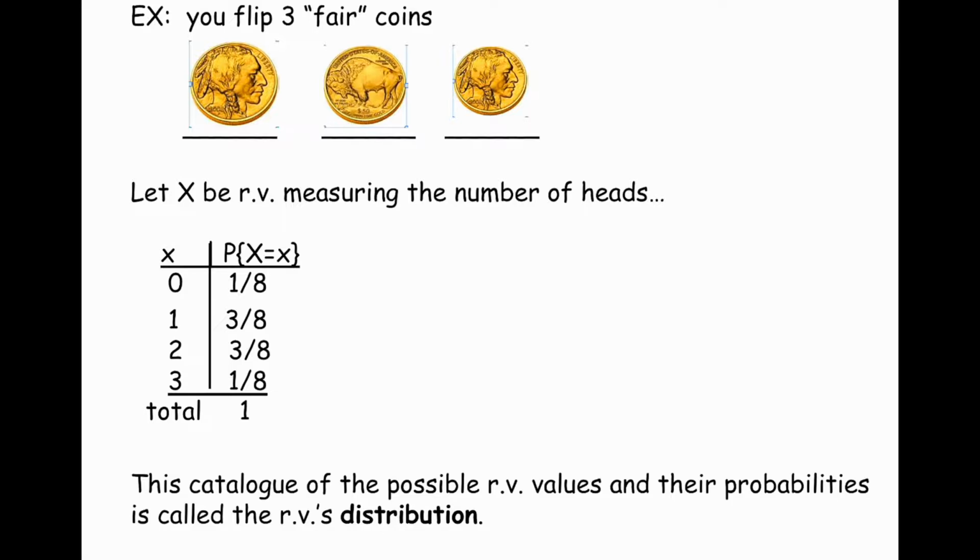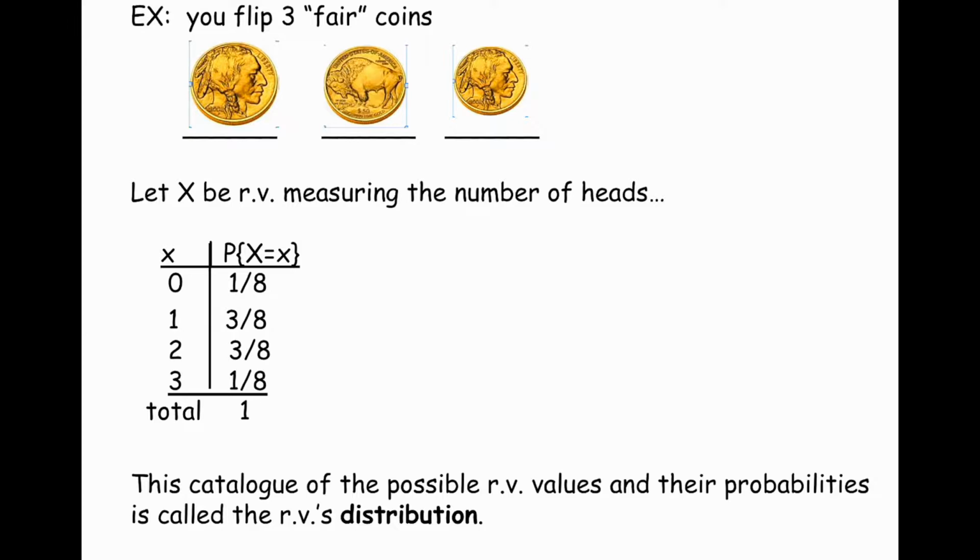So where we last left off, we talked about this idea of a random variable. And a random variable, we said, was some measurement over one of your observations. The motivating example that we gave was three flips of a coin. And the random variable in this particular case is going to measure the number of heads associated with three flips of a coin.